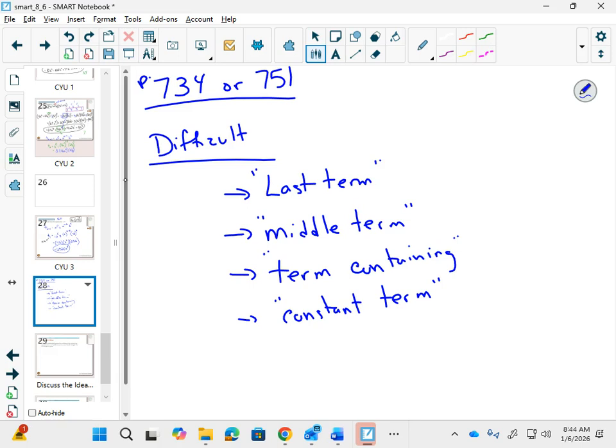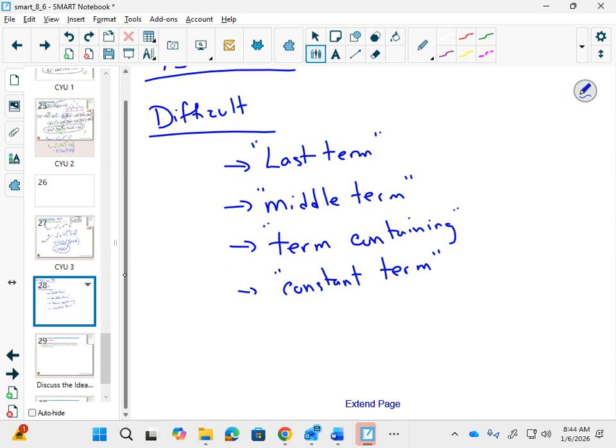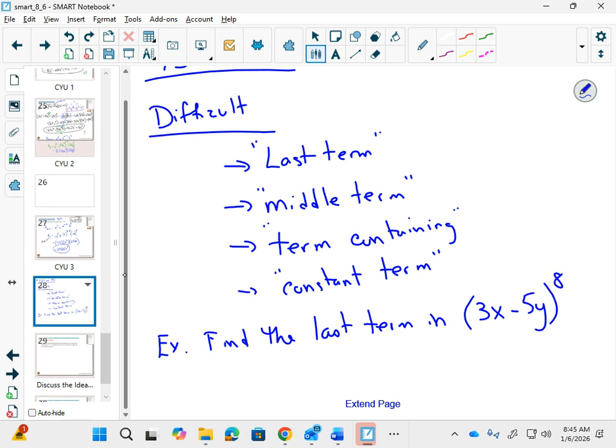So the easiest of the more difficult questions is finding the last term. So the question will be something like this. Example: find the last term in (3x minus 5y) to the 8.